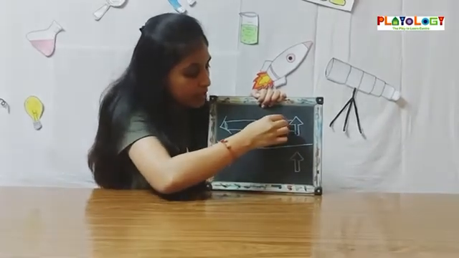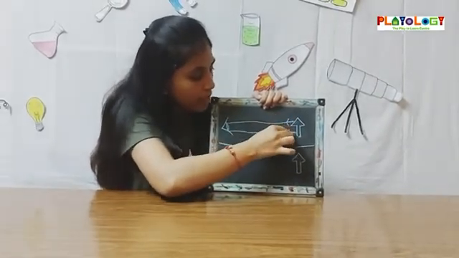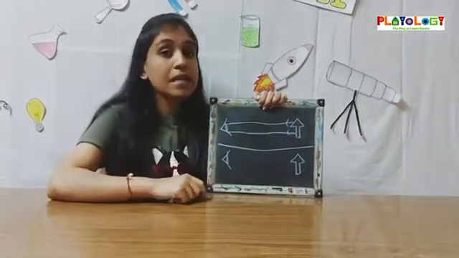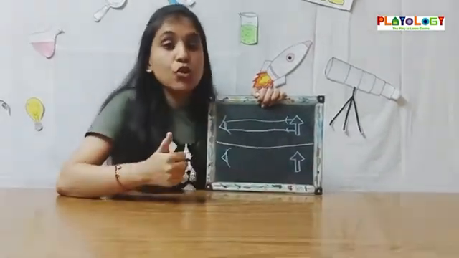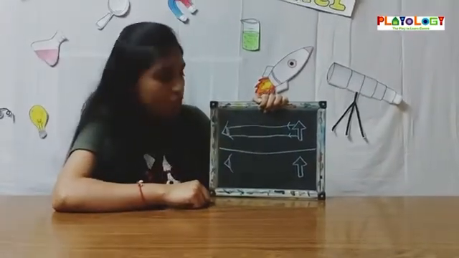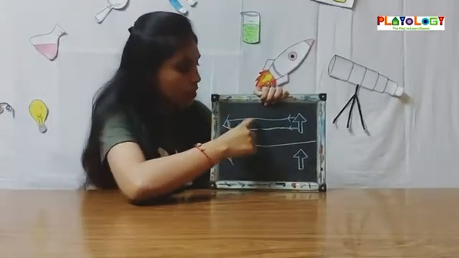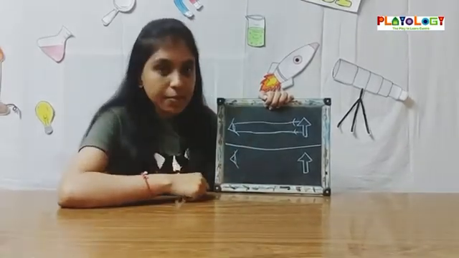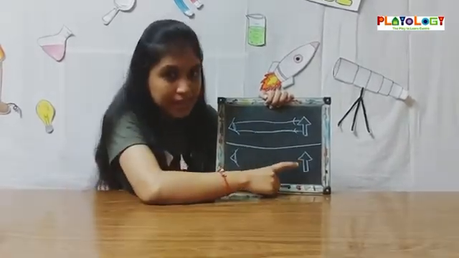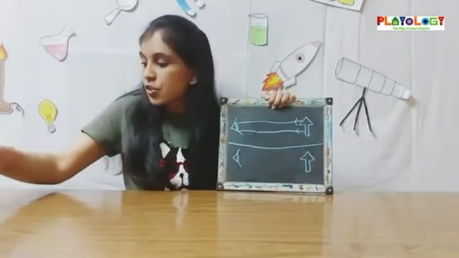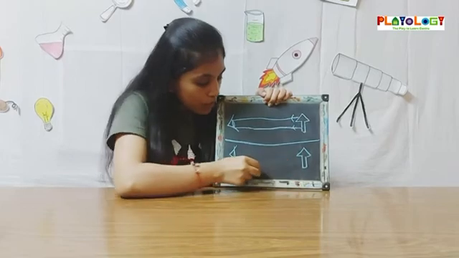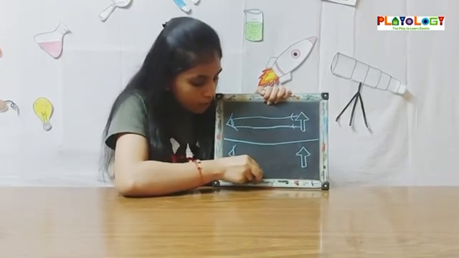We can see the arrow as it is because there is only one medium. There is no refraction of light and so it passes straight. It doesn't bend.